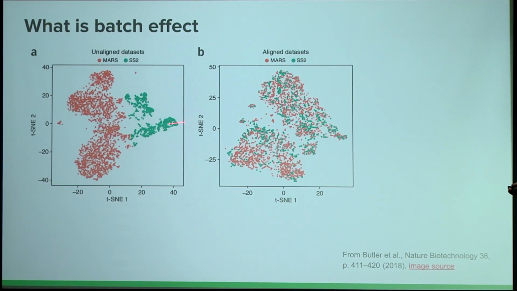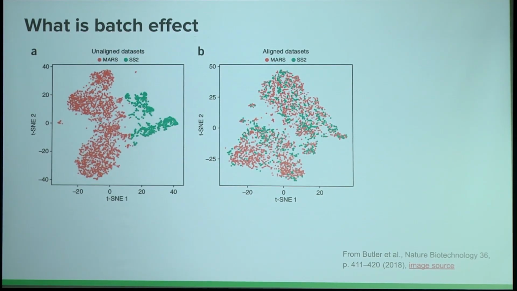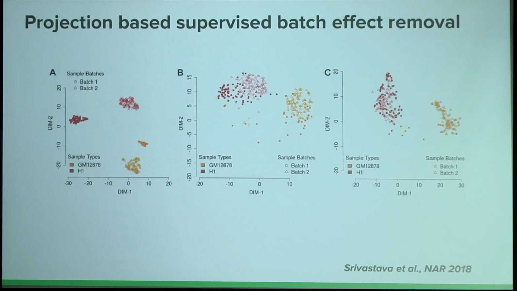So you know what batch effect is, the same cells getting split, and once you correct for batch effect, they get mixed up, this common story. We could see something similar happening when we used Cell Atlas Search to project our single cells. Here, different colors are different cell types, and different shapes are different batches. This brown cell type in two batches is clustered separately.